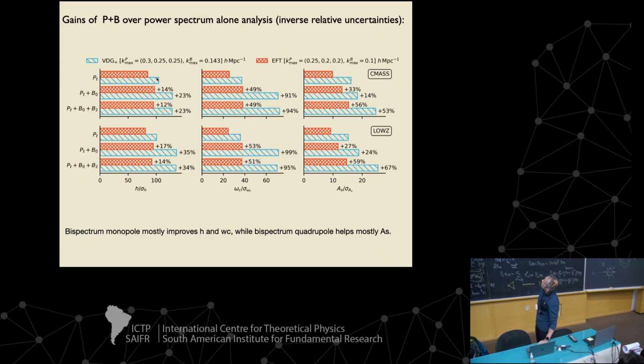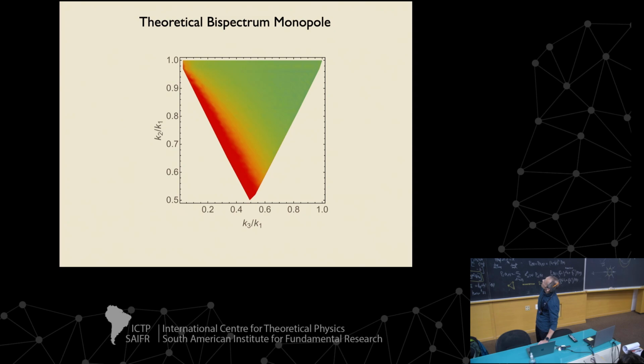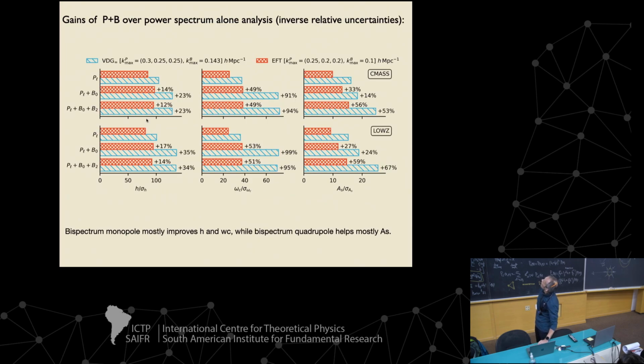So we go from here to adding the bispectrum monopole, and then adding on top of it the quadrupole, so we gain 23% better constraints, okay?